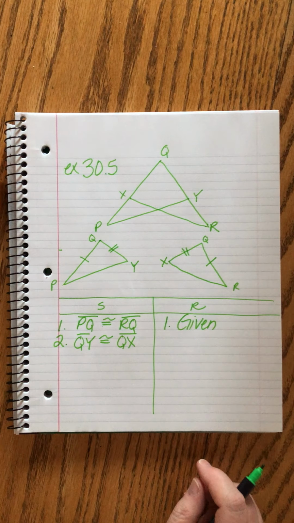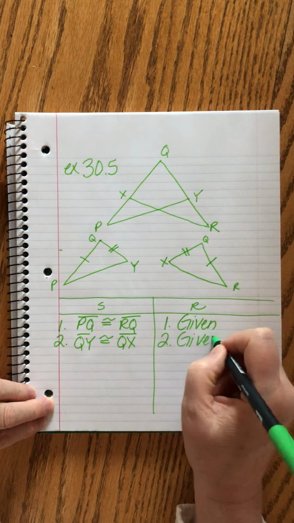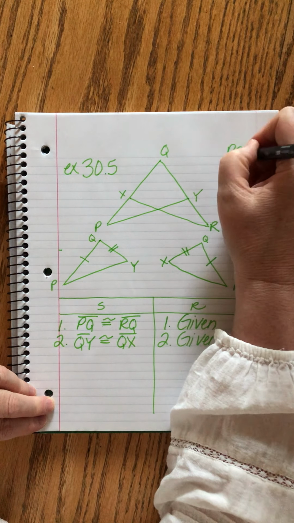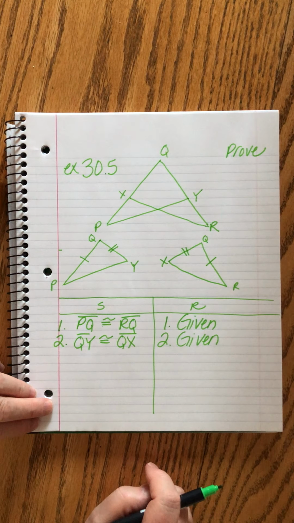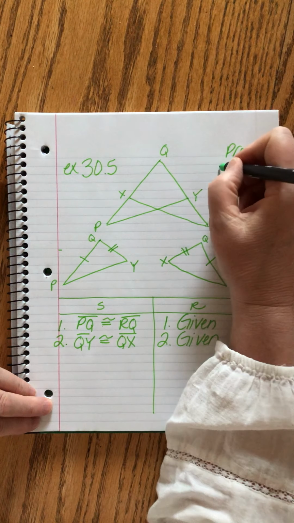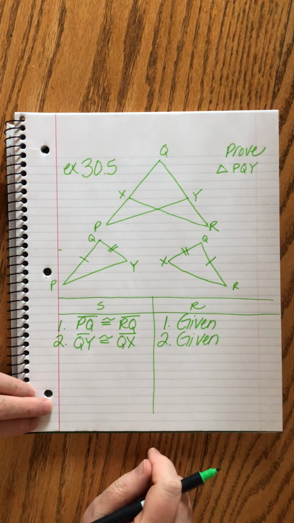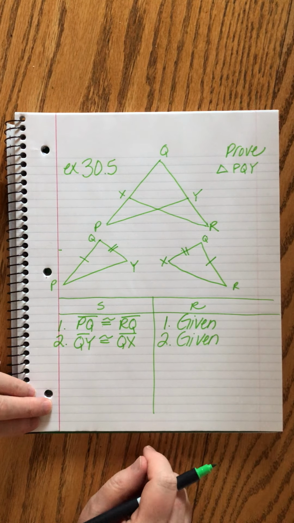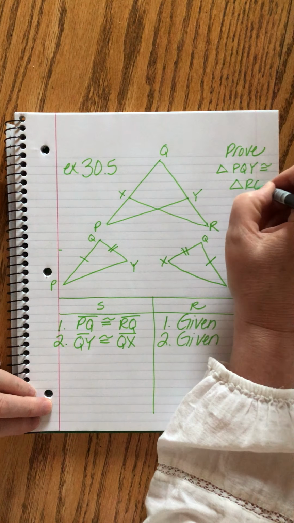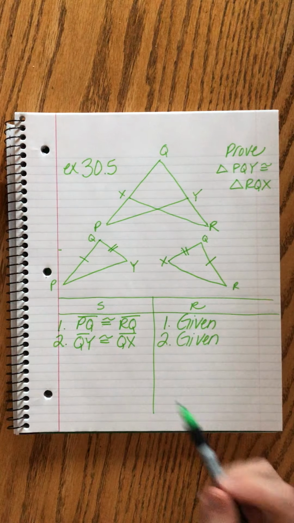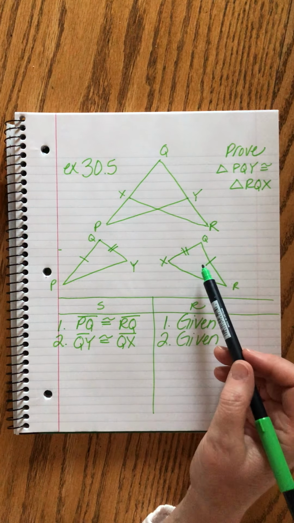That's also given. And what we're being asked to prove is that triangle PQY is congruent to RQX. PQY, RQX. Okay, we're trying to prove these two guys are congruent.